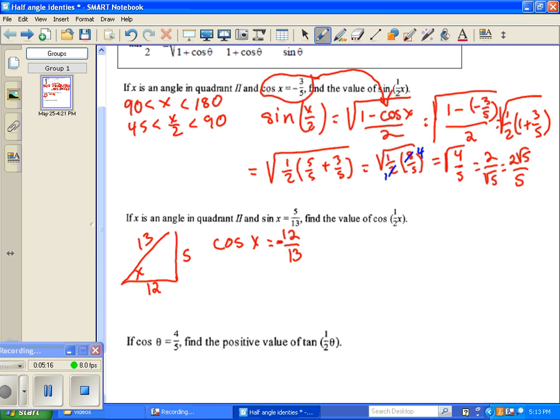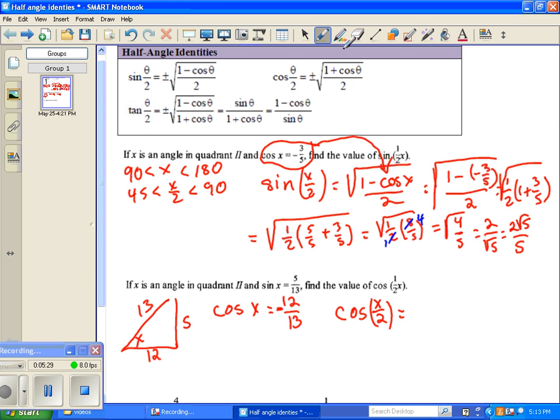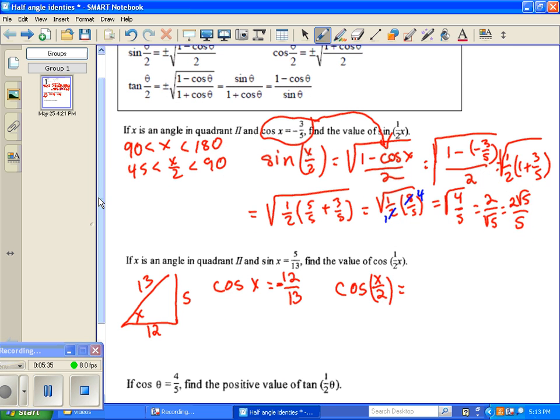Okay, so let's write down what the half angle is equal to. So cosine of x over 2 equals, now if you look at the table above, we're using this formula. Again, we're in the second quadrant. The same thing applies as what we already did here. The half angle is in the first quadrant because we divide everything by 2.